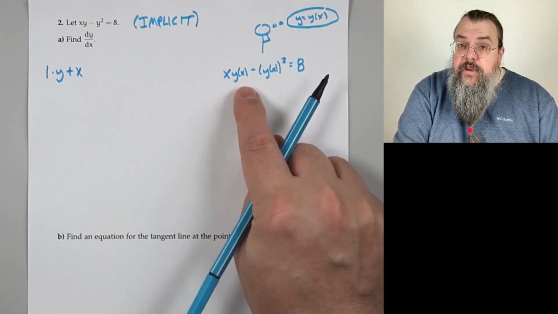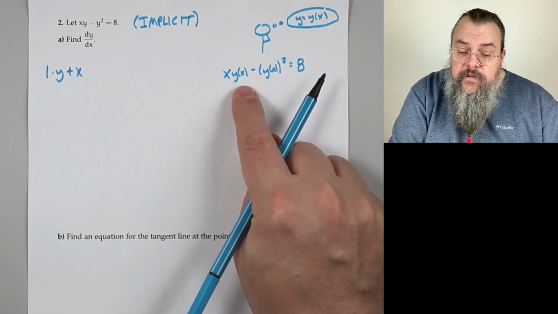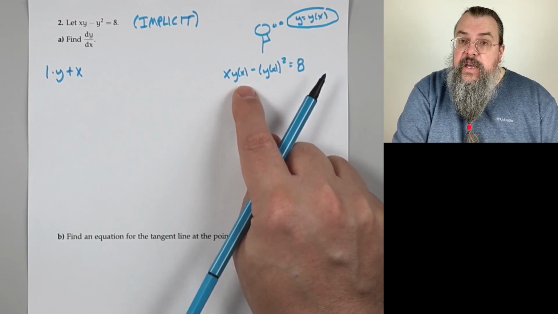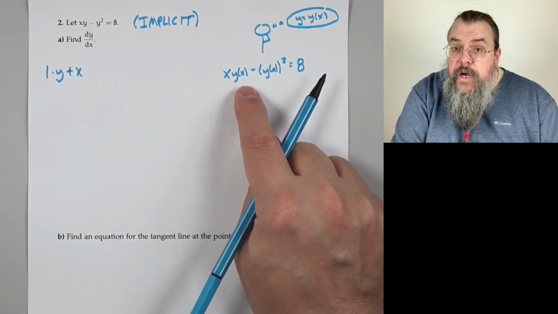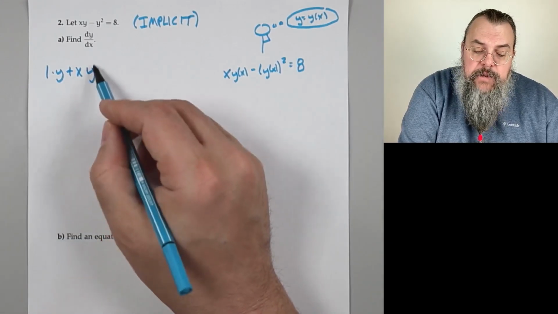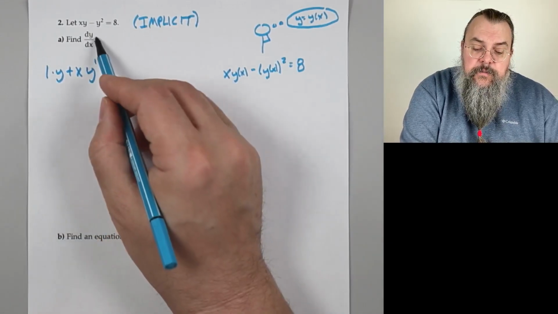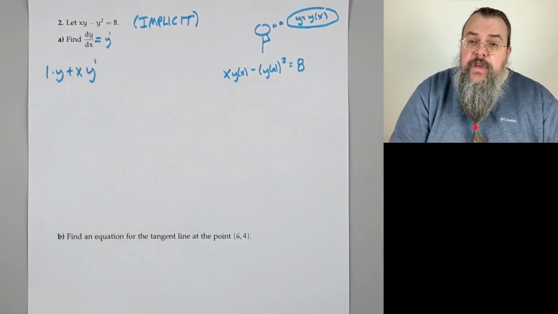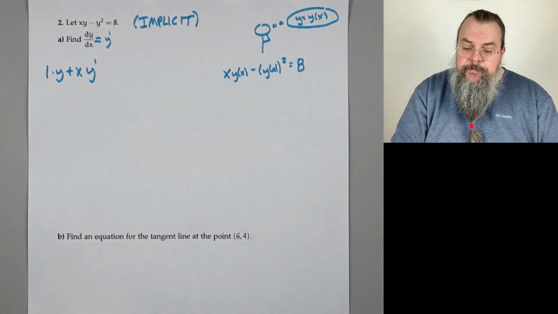Now, it's not 0 because y is a function of x. So what is the derivative of y with respect to x? You can write it as y prime, or you can write it as dy dx. I'll write it as y prime, just remembering that dy dx is the same as y prime, because it's a little bit easier to write.